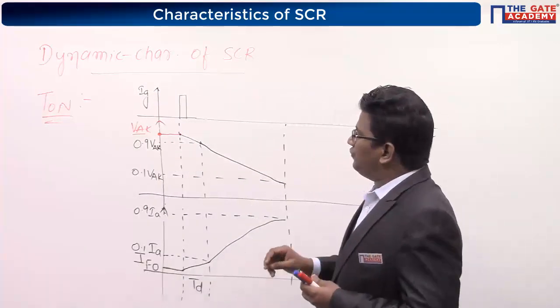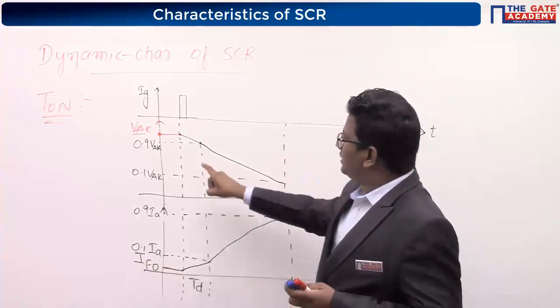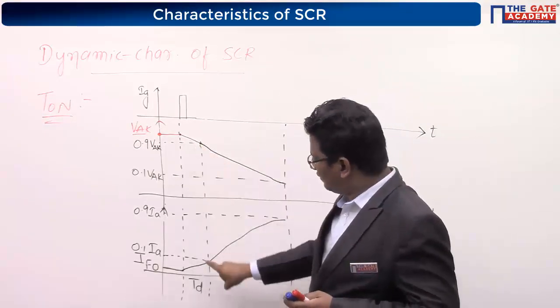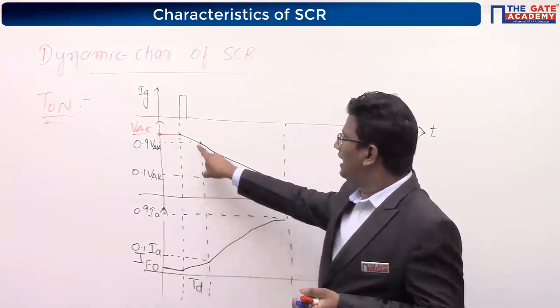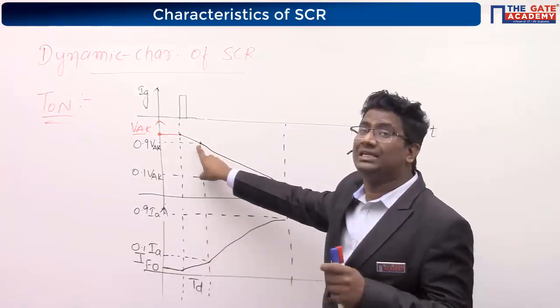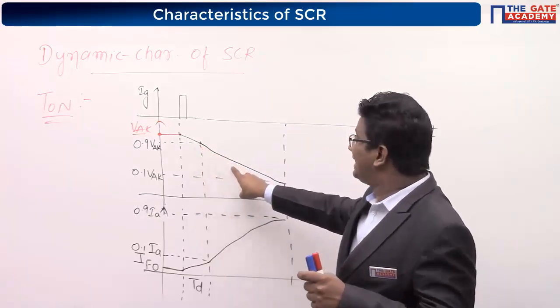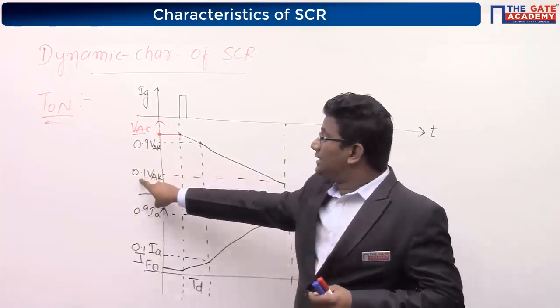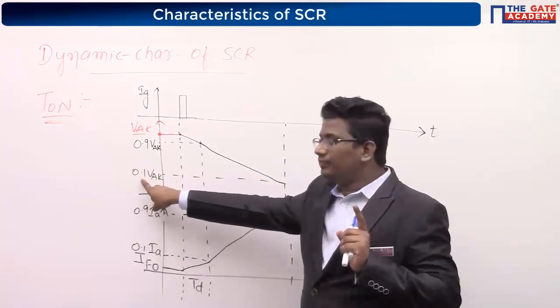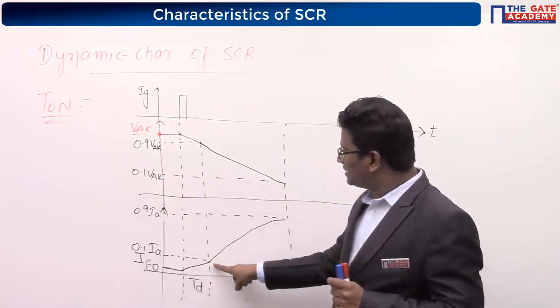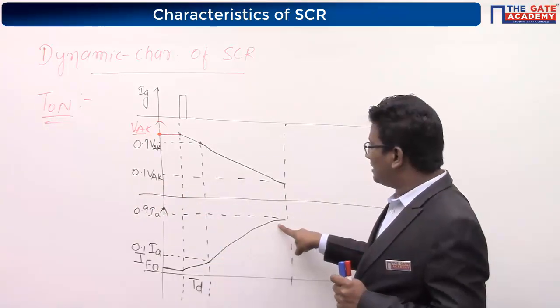Now if you observe, after this instant your anode to cathode voltage is slowly decreasing to 10% of its rated value, and the anode current is increasing at some rate.